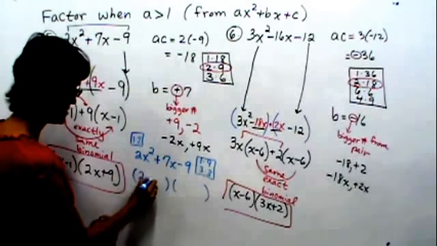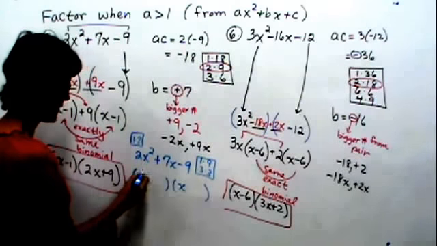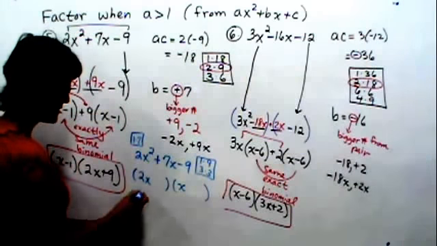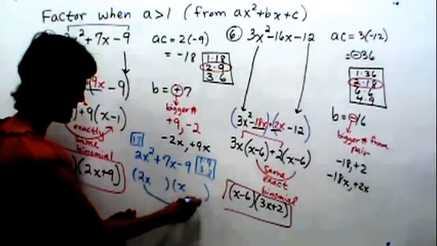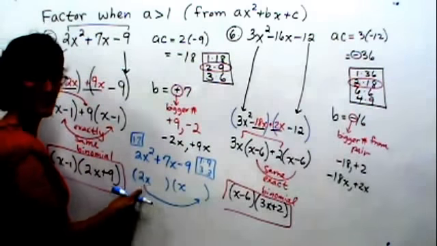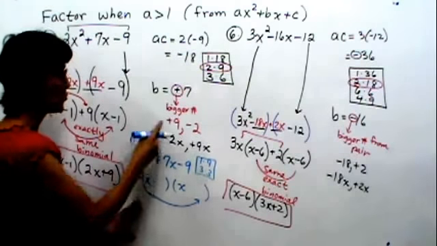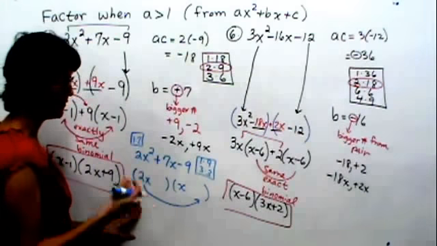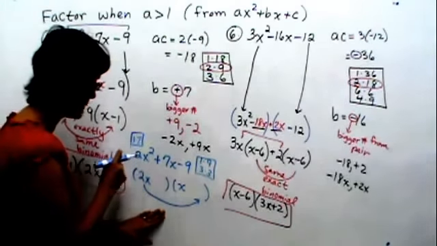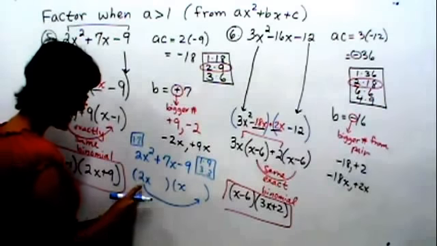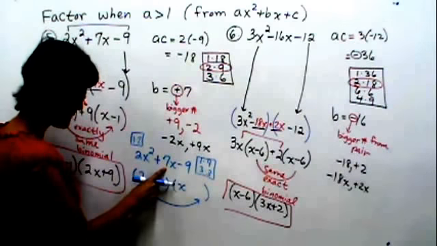So one of them's got to be 2x, and one of them has to be x when I'm actually going to do my FOIL. So then I remember when I put my number here, it's got to be doubled. It's going to be multiplied by 2 here, not just 1. That's why these are so much easier. Well, not those, but the ones with the 1 in front. Okay, so then I say to myself, I'm trying to get to a 7.